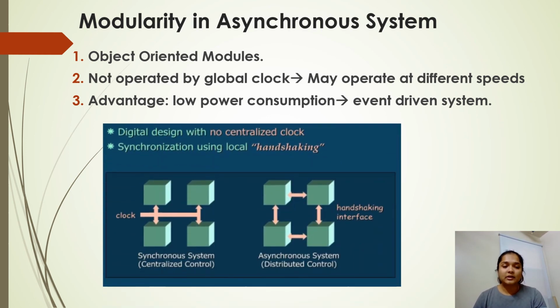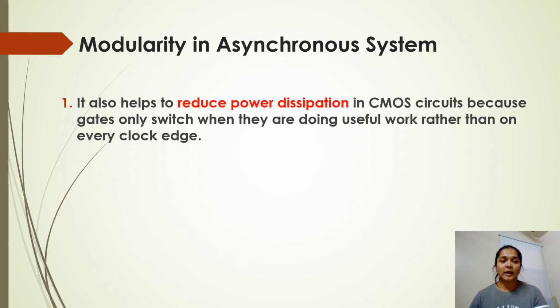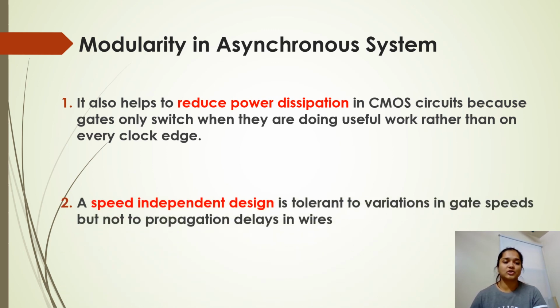As we can see in the picture, a synchronous system uses centralized control via a clock function, whereas an asynchronous system uses distributed control like a handshaking interface. Furthermore, it also helps to reduce power dissipation in CMOS circuits because they only switch when they are doing useful work rather than on every clock edge.